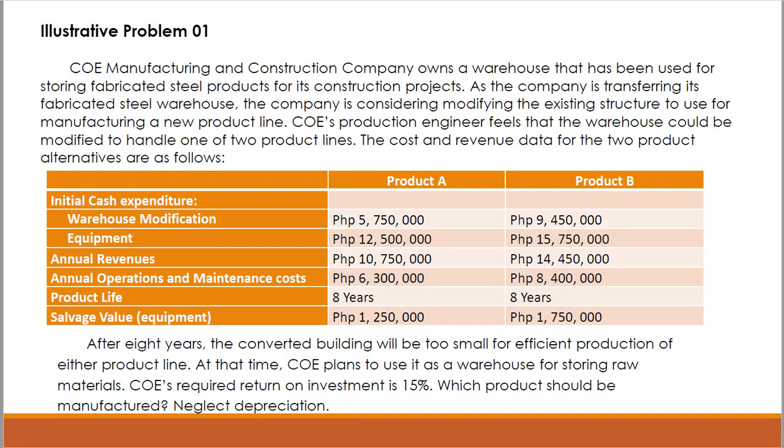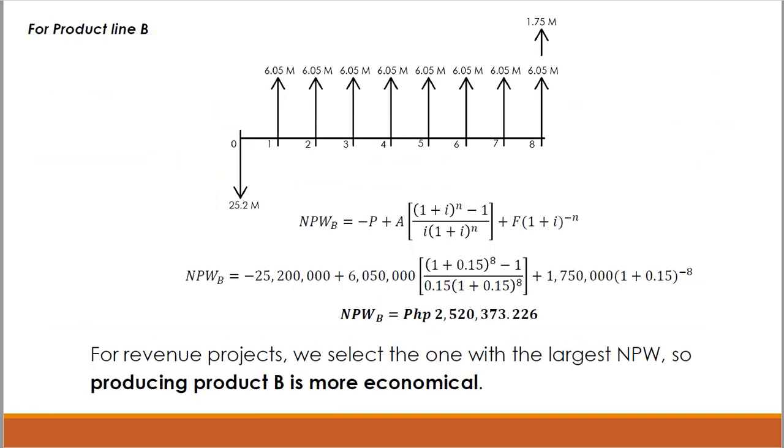So going back to the table, ito yung annual revenues natin minus ito. So that would be our net annual gains or revenues. Okay. And then we have salvage value, 1.75 million at the end of 8 years. So 1.75 million. Okay. Ayan. So this will be our cash flow diagram for product line B.